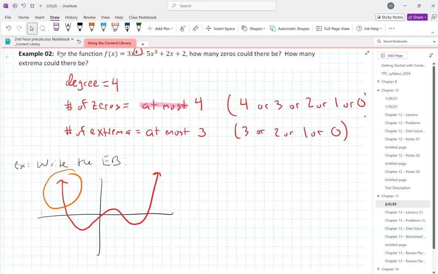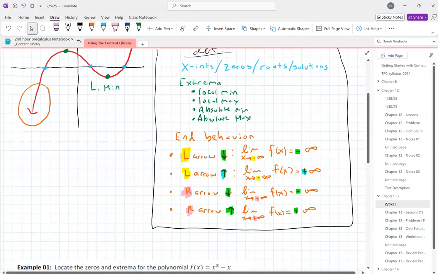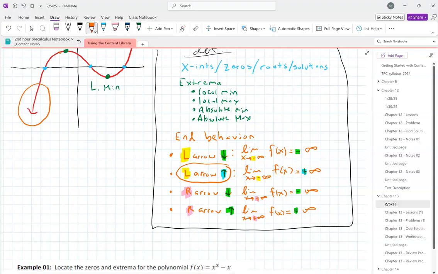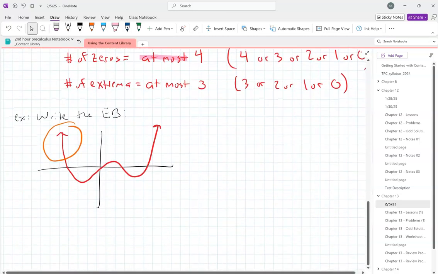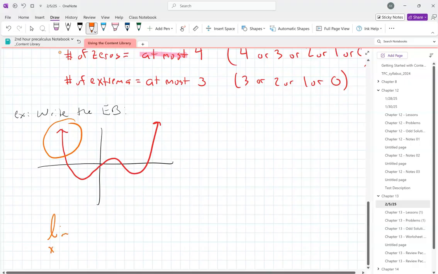Is it pointing up or down? Up. So I want left arrow pointing up. That's this one. So I'm going to write the limit as x approaches negative infinity of f of x equals positive infinity. Is everybody okay with how I'm doing that? So I'm just looking at my picture and then translating it into the symbols.